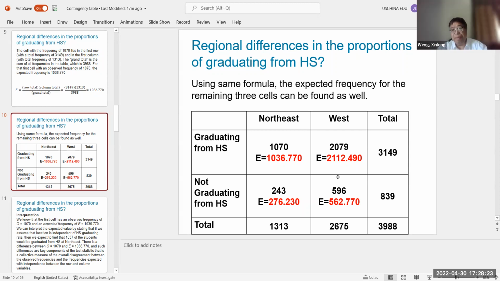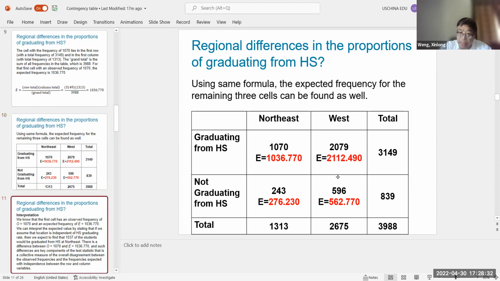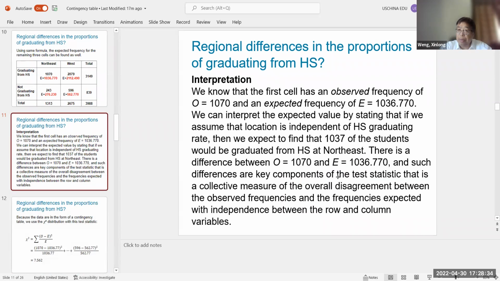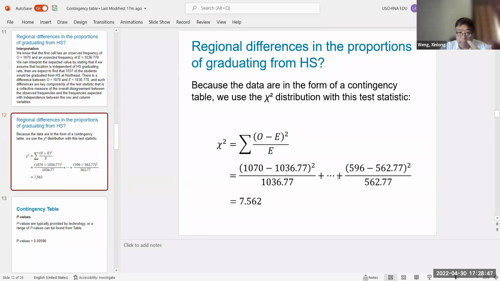Very good question. That's why we need to quantify the difference and make the decision based on how big it really is. This is the chi-square calculation.